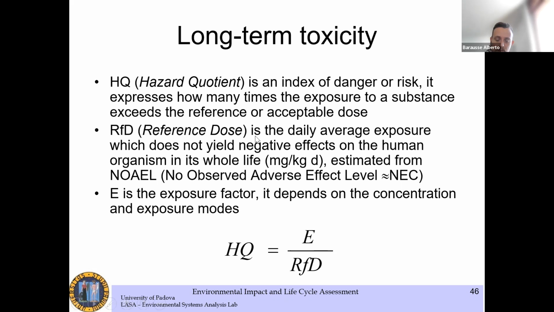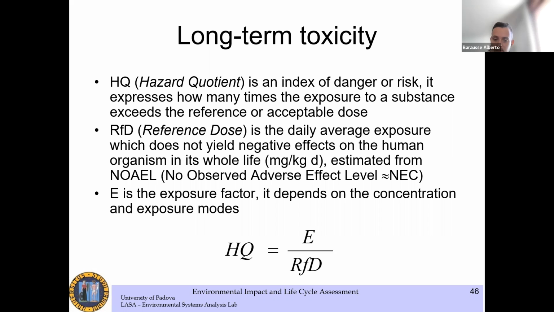Reference dose is the daily average exposure to a contaminant which does not yield negative effects on humans during their whole lifetime. And you see the unit of measurement is milligram of contaminant divided by kilo of body weight per day.